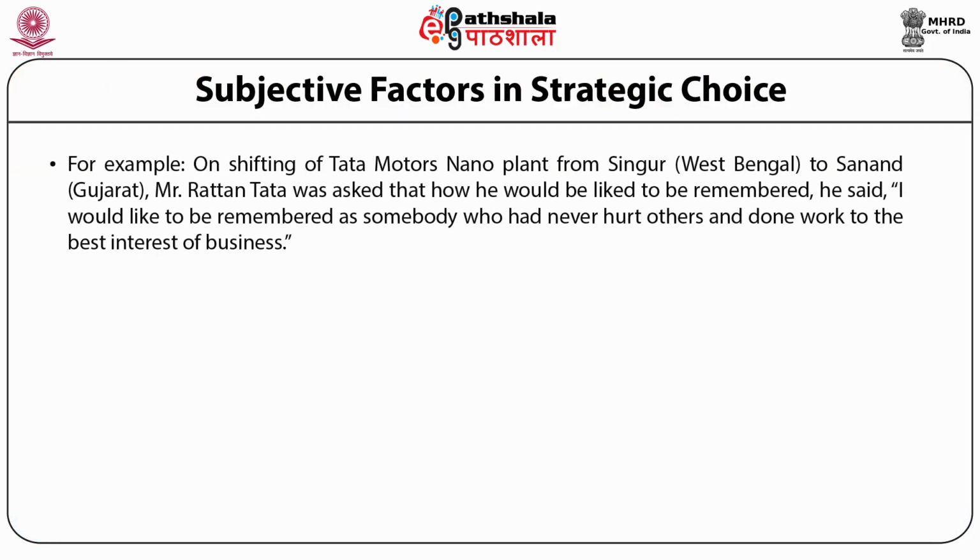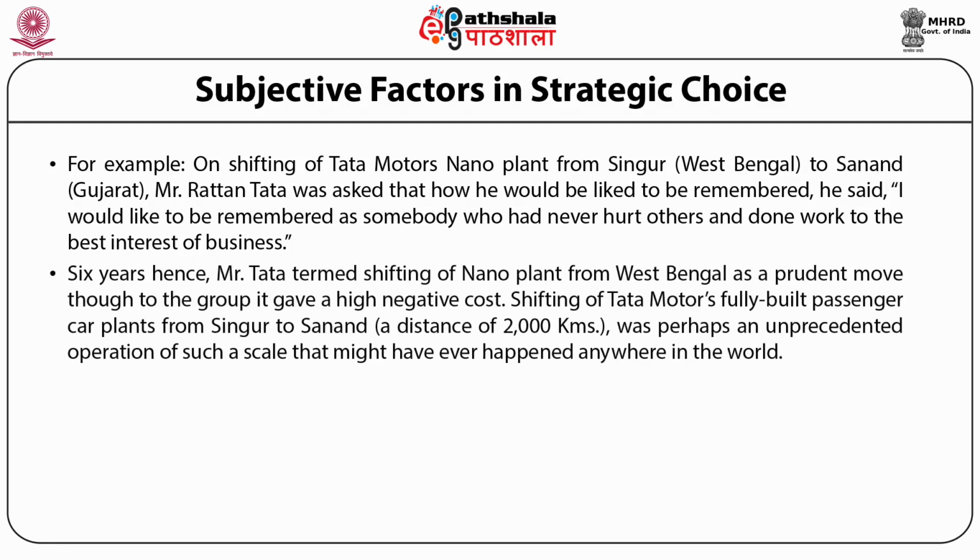For example, on shifting of Tata Motors' Nano plant from Singur, West Bengal to Sanand, Gujarat, Mr. Ratan Tata was asked how he would like to be remembered. He said, "I would like to be remembered as someone who had never hurt others and done work to the best interest of business." 6 years hence, Mr. Tata termed shifting of the Nano plant from West Bengal as a prudent move, though to the group it gave a high negative cost.